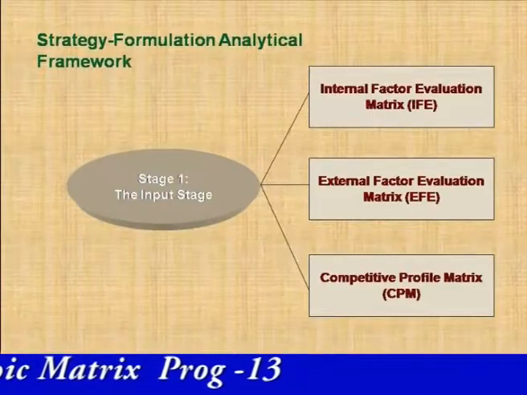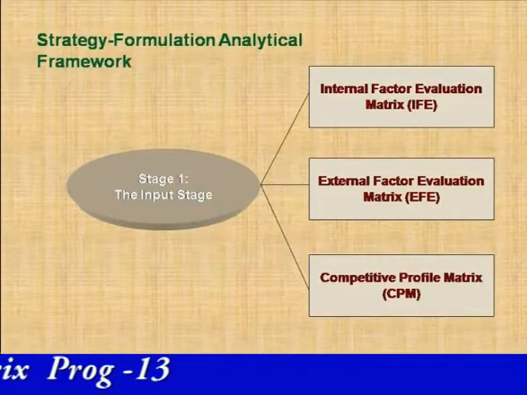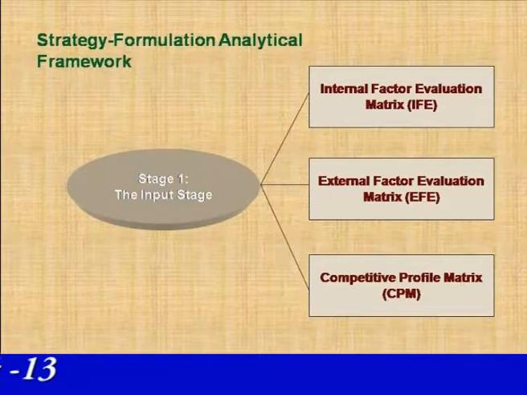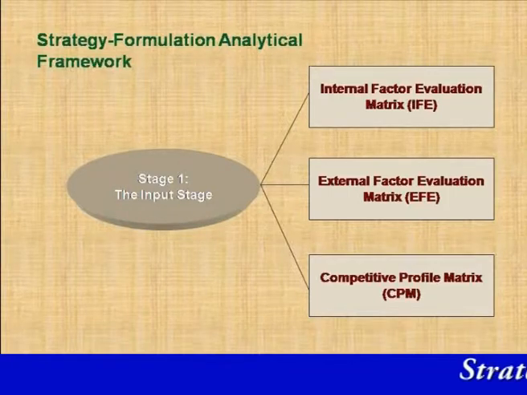The second one is the external factor evaluation matrix, which is known as EFE. And the third input stage matrix which we look into is the competitive profile matrix, also known as CPM.